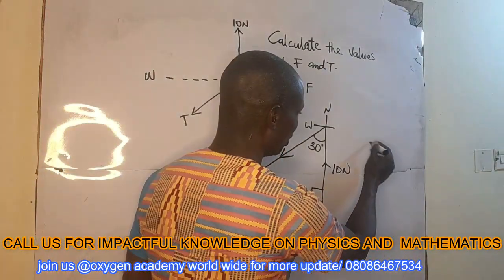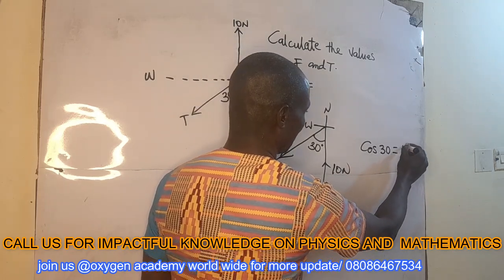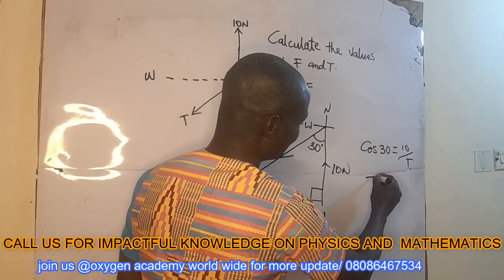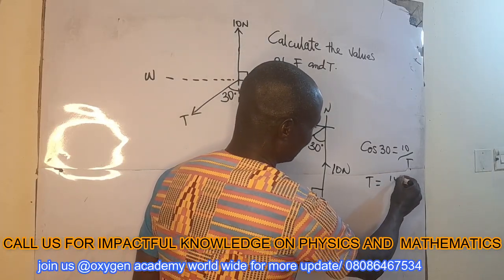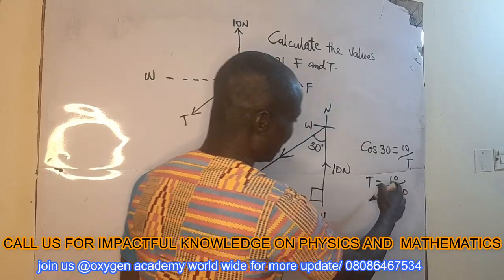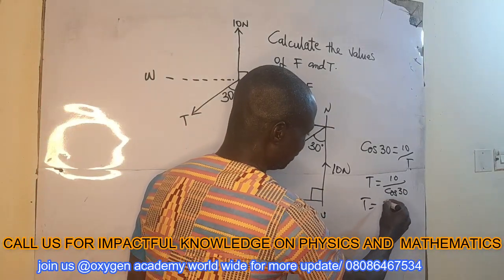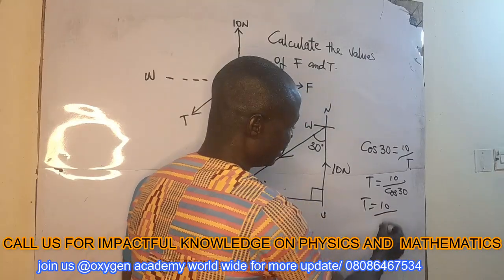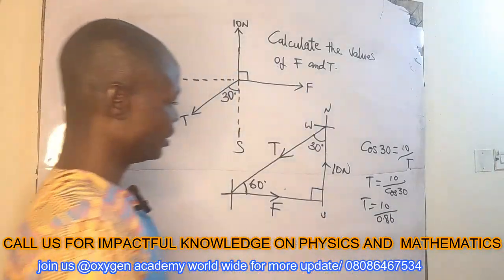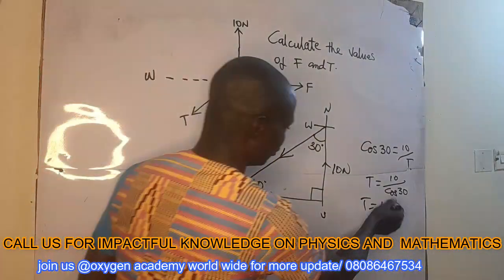So cos 30 is equal to 10 over T. That means T is going to be 10 over cos 30, which is 0.867. So that is how to solve it.